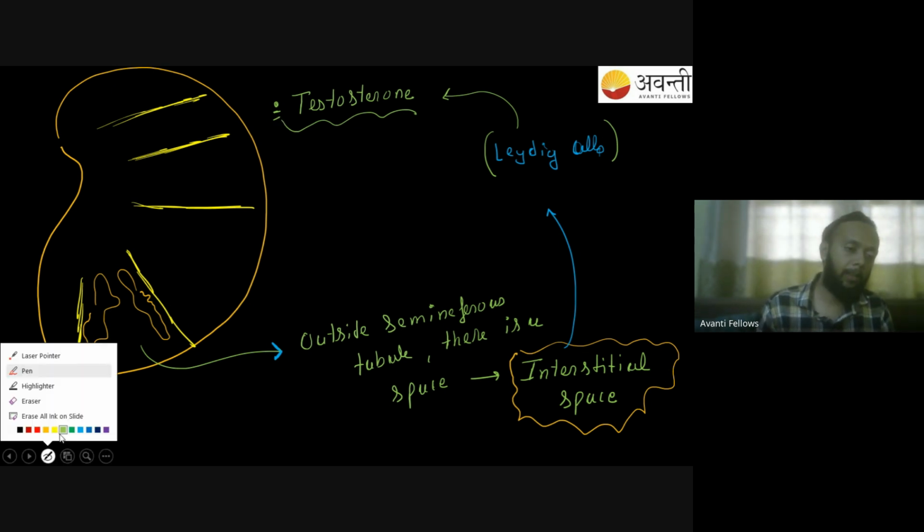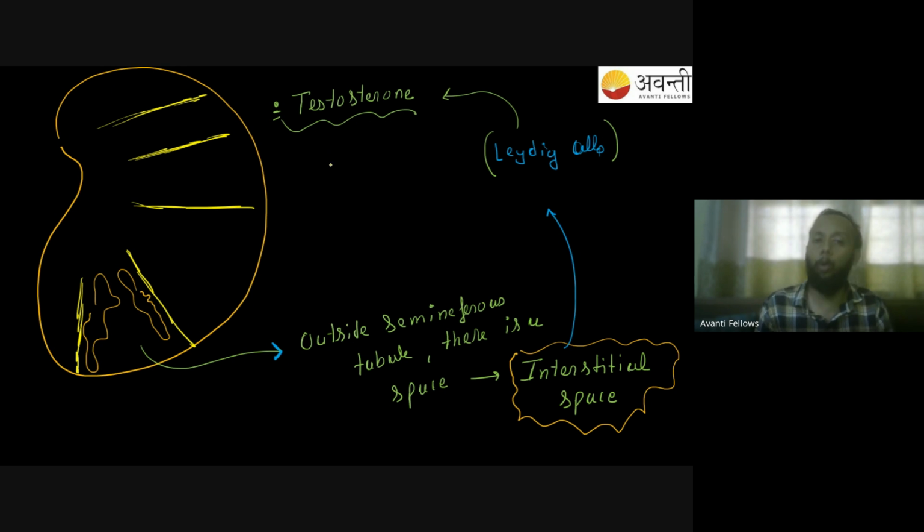So testosterone will have two roles. It helps in spermatogenesis. That's one thing. Second thing, it also helps in giving the male secondary sexual characters.